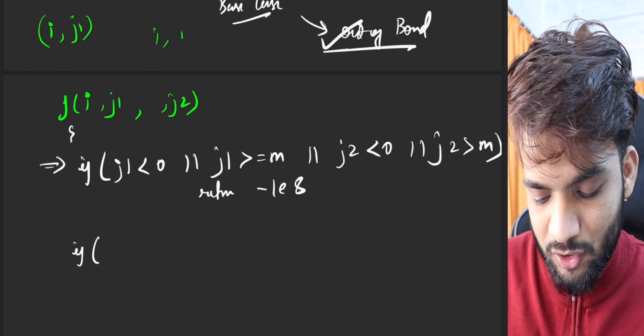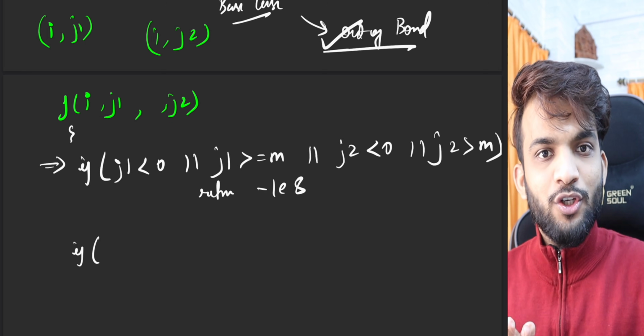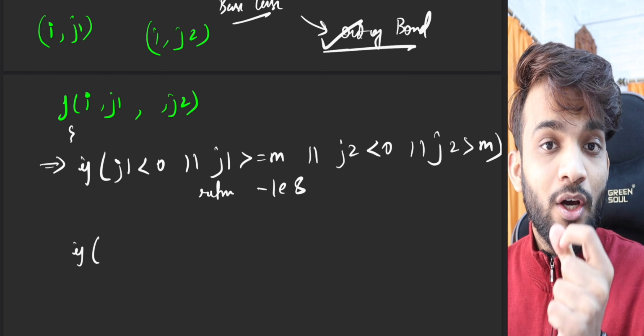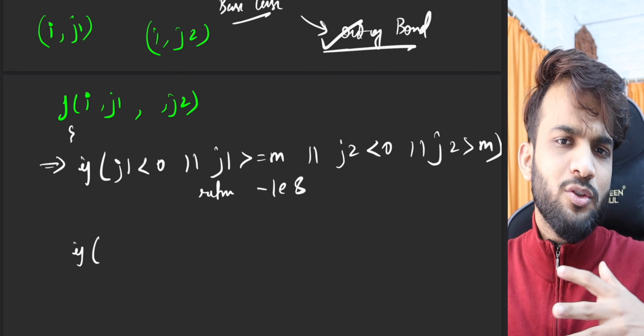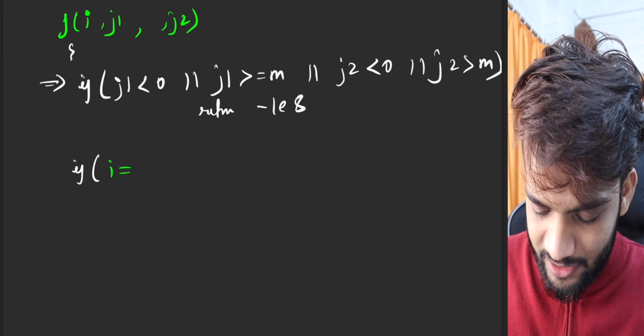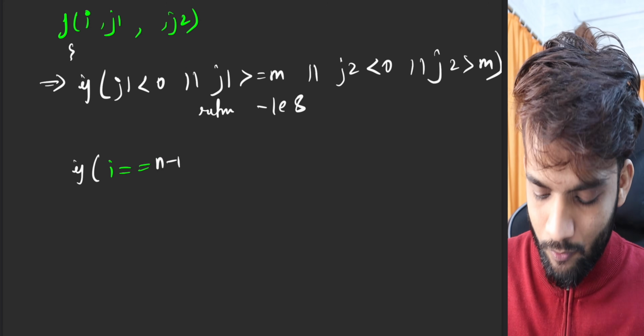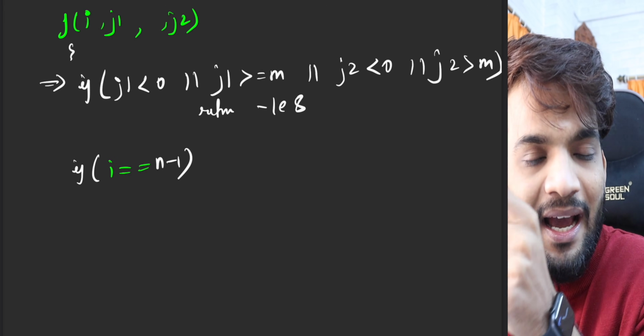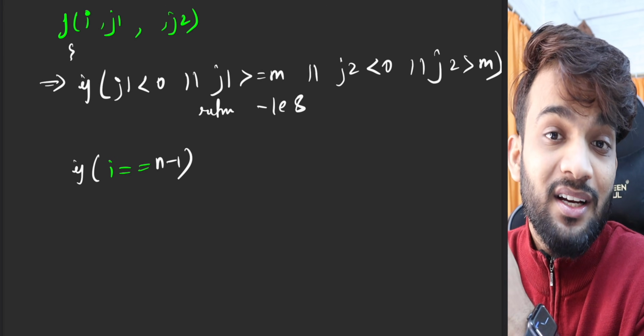Bob can also be I, J2. So I have just omitted one extra variable, because both of them were carrying similar values. So can I say, if I reaches the last row, which is n minus 1, I have reached the destination.